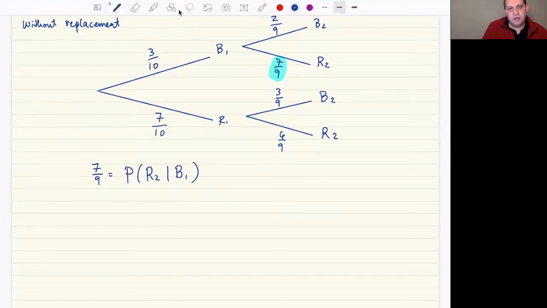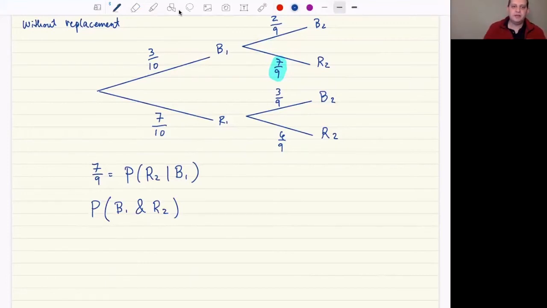We can ask a few other interesting questions along the way. Let's think about the probability of selecting a blue marble first and, I can't draw our ampersand symbol here, a red marble second.